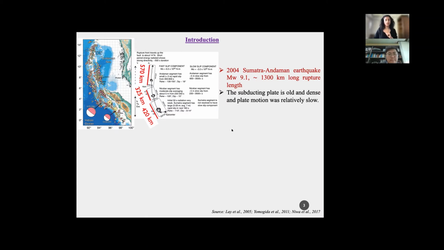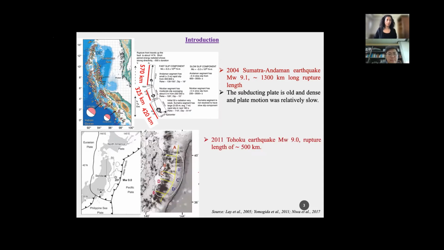A similar thing happened during the Tohoku earthquake. It was initially thought that this plate margin cannot host a mega subduction earthquake, and this was inferred based on identified segment boundaries. These segment boundaries were identified based on variable strike and past earthquake seismicity.